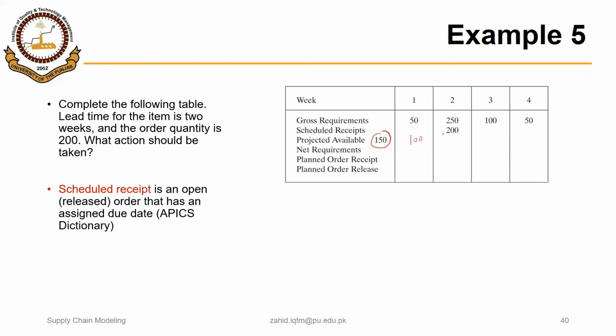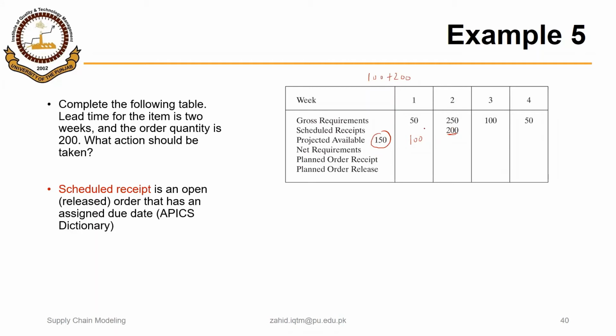Now you can see that in week 2, we have a scheduled receipt of 200. And there is a gross requirement of 250. So the total on hand will be 100 from the previous period plus 200 scheduled receipts, something that we had ordered before week 1, but we are receiving at the beginning of week 2.